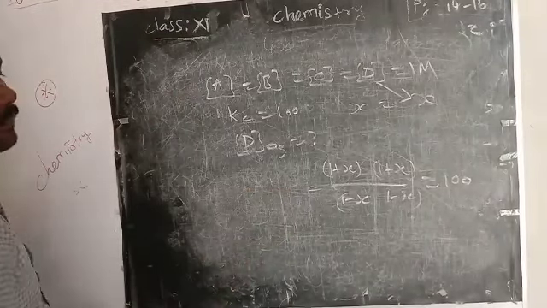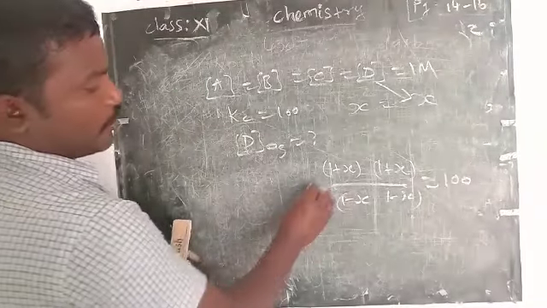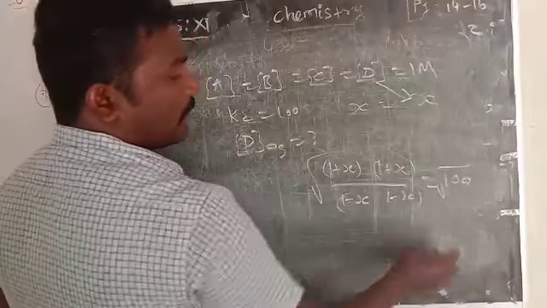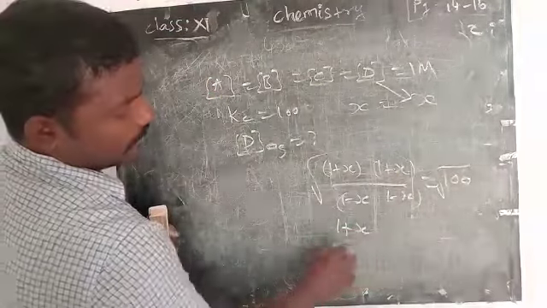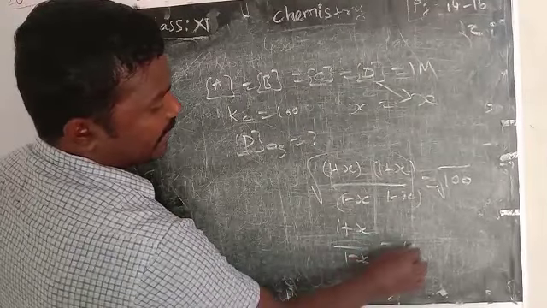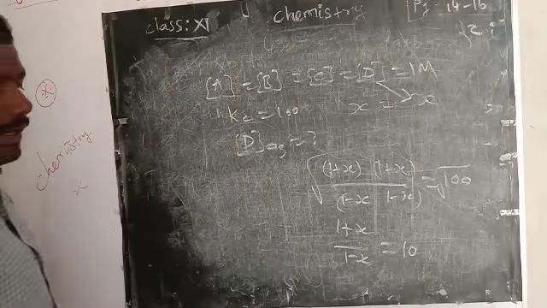Now, if you take the square root on both sides, what will happen? 2 times means 1 time will come out. The same way, 100 becomes 10.